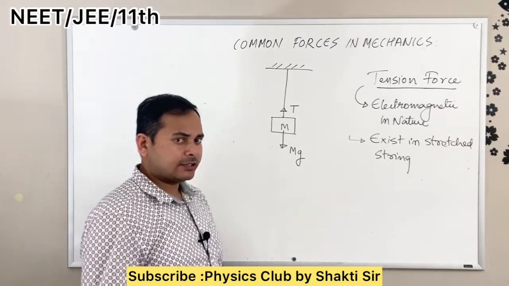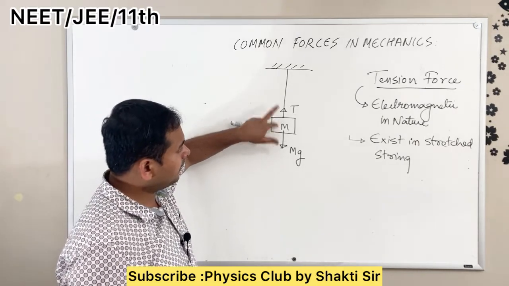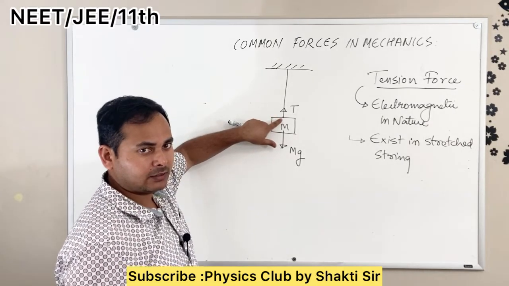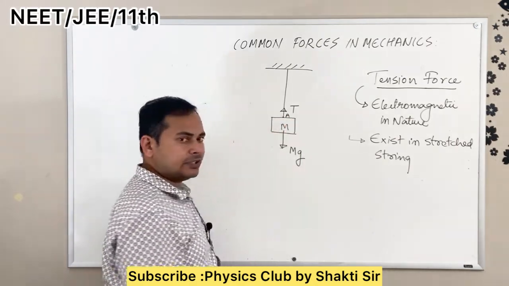A few important points regarding the tension force: tension force is always directed away from the contact. And you see, here is the contact at point A between the string and the block.